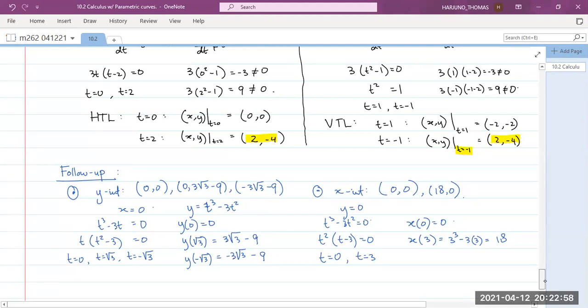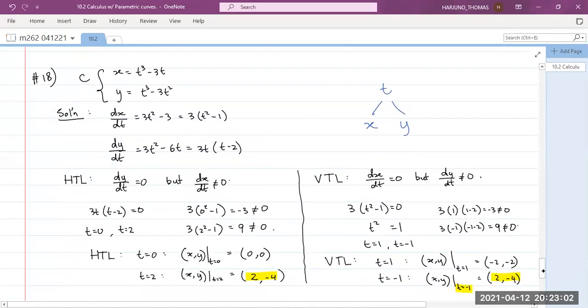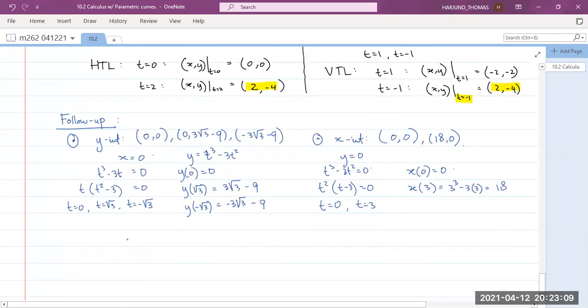Let's see if it's possible to do the second derivative. Then we can see the inflection point. Okay, so we have dy/dx equal to (3t squared minus 6t) over (3t squared minus 3).